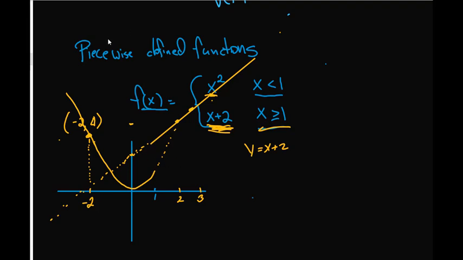So the way we would do this is we put a solid circle there, and we put an open circle there. That would indicate that this formula has the greater than or equal to sign, and this formula has only the less than sign, not less than or equal to. So we put a circle here, and it would look like that.